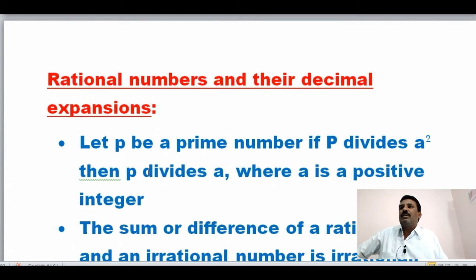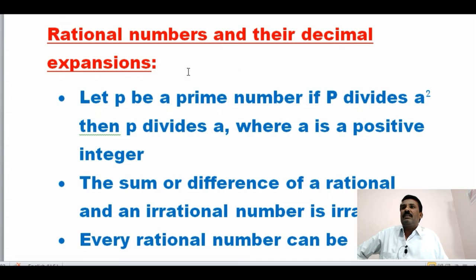Now we shall go to the next topic, rational numbers and their decimal expansions. Let P be a prime number. If P divides A square, then P divides A, where A is a positive integer.